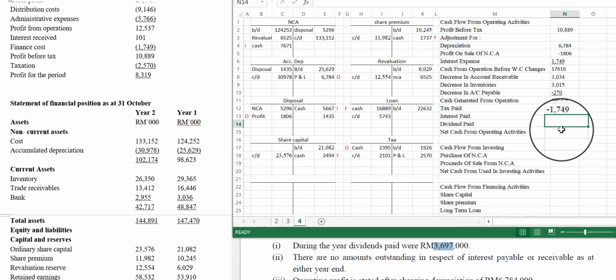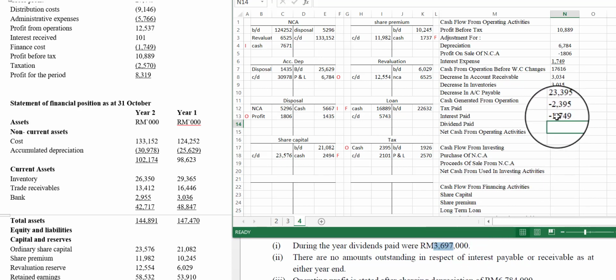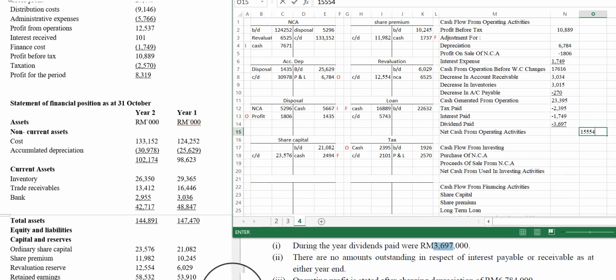Now dividend, according to the questions, you have it here in your notes to account, is 3697. So minus 3697. Okay. Now next, your total cash flow from operating activities is 15554.